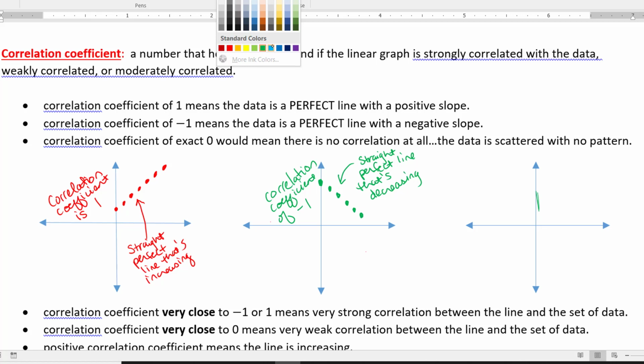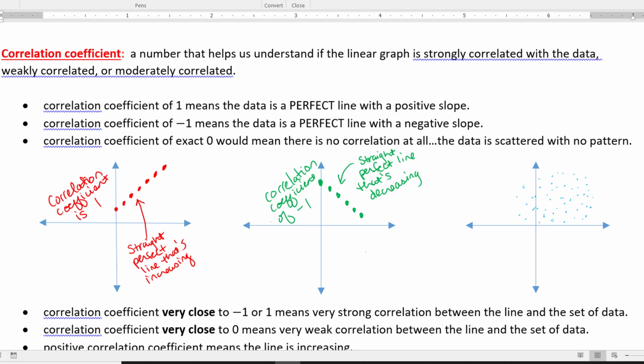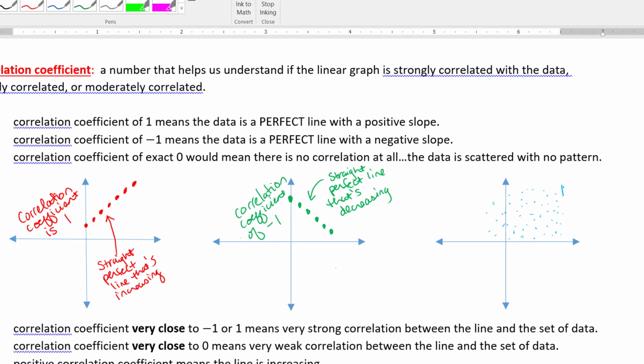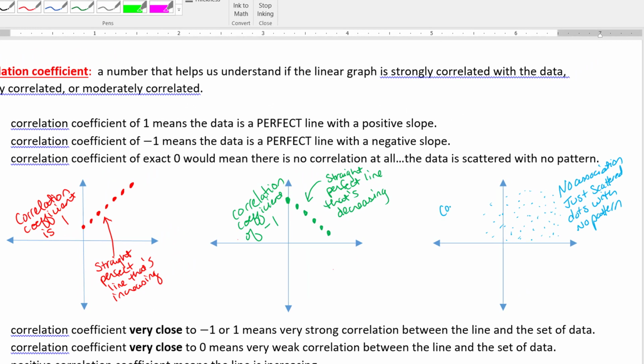And if your scatter plot was just random dots all over the place with absolutely no resemblance to a linear pattern, the explanatory and response variable have no association, no correlation, then that would have a correlation coefficient of 0.